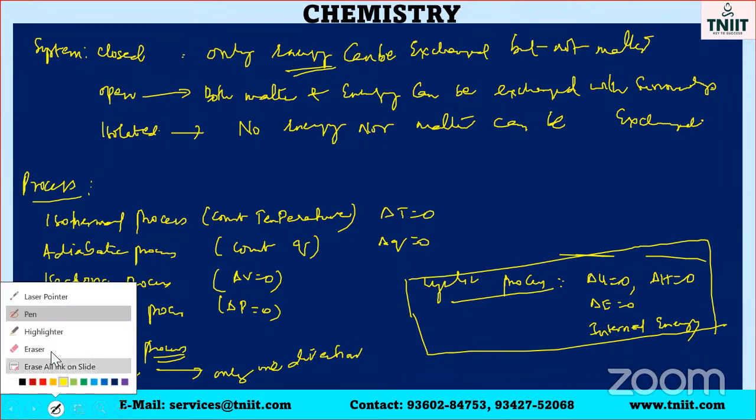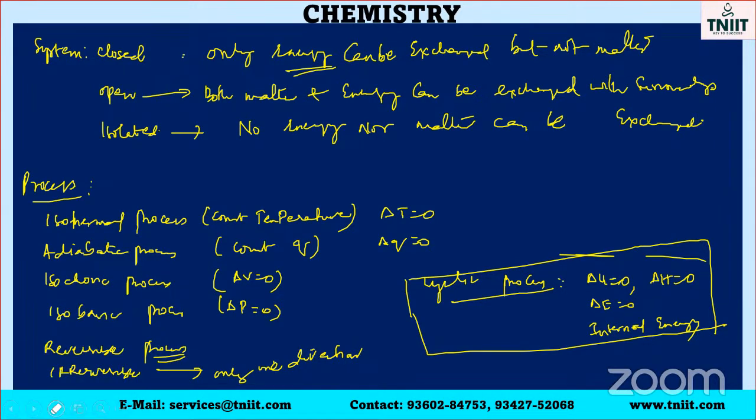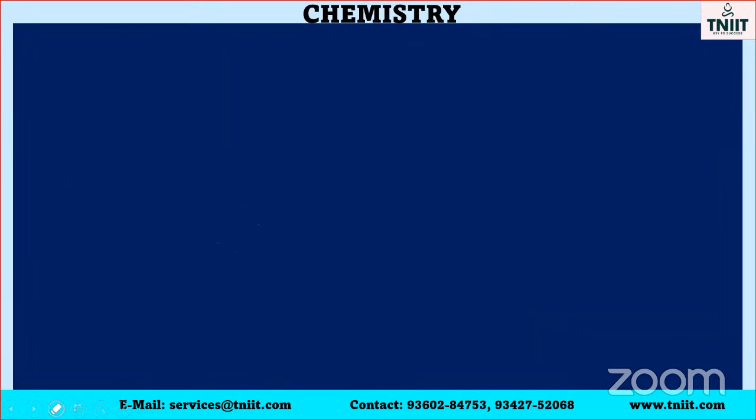Now, coming to internal energy. What is this internal energy? It is represented as U, or it's also represented as the letter E. Each and every reactant will contain different types of energies.